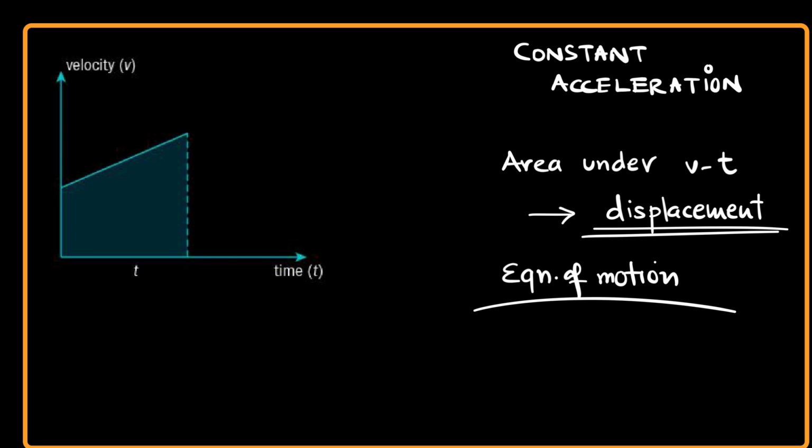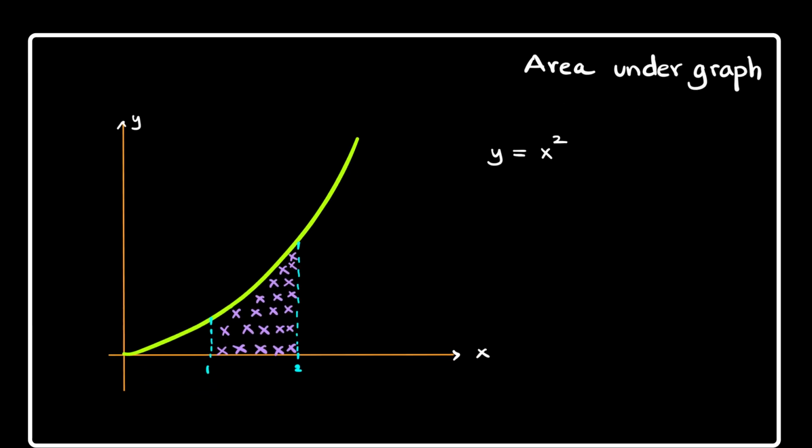Let's revise the concept of pure maths of area under graph. For example, if I have the equation y equals x squared, and I'm interested in finding the area under the graph between the limits 1 and 2, what we should do is to write this as area. The limits are 1 and 2. The function is y equals x squared.